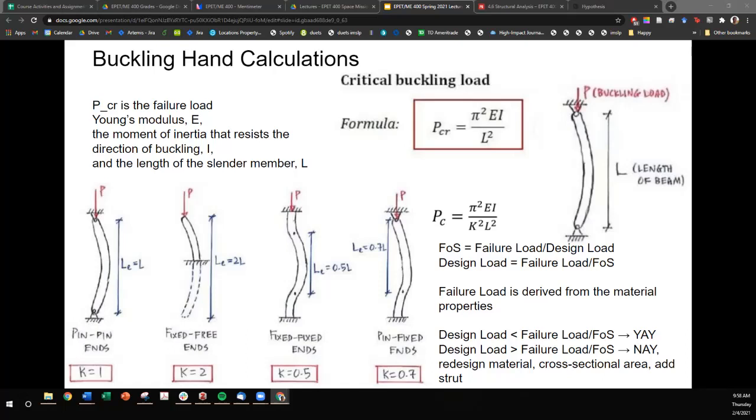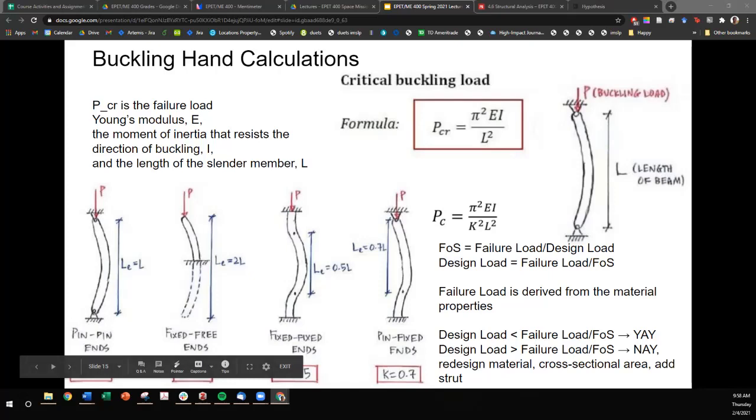And then we know from, say, like NanoRacks, what the design load is going to be, 1320 newtons, so we can get the factor of safety. So then, same process, we know what the design load is or what the factor of safety is. So I'm showing you a different way to formulate the factor of safety equation.